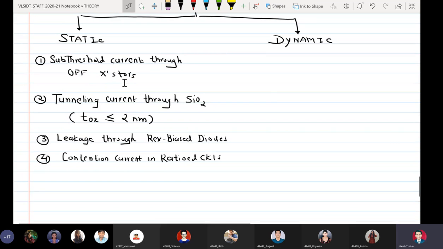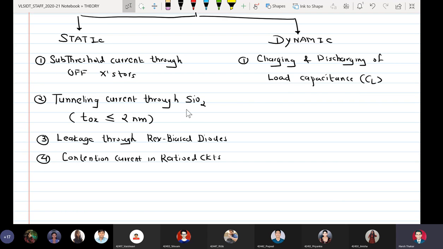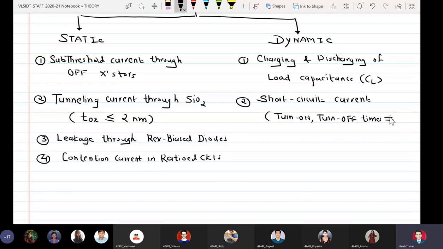As far as the contributors to dynamic power dissipation are concerned, the first major factor is charging and discharging of load capacitance CL, and second is short circuit current, because turn on and turn off times are not equal to 0.